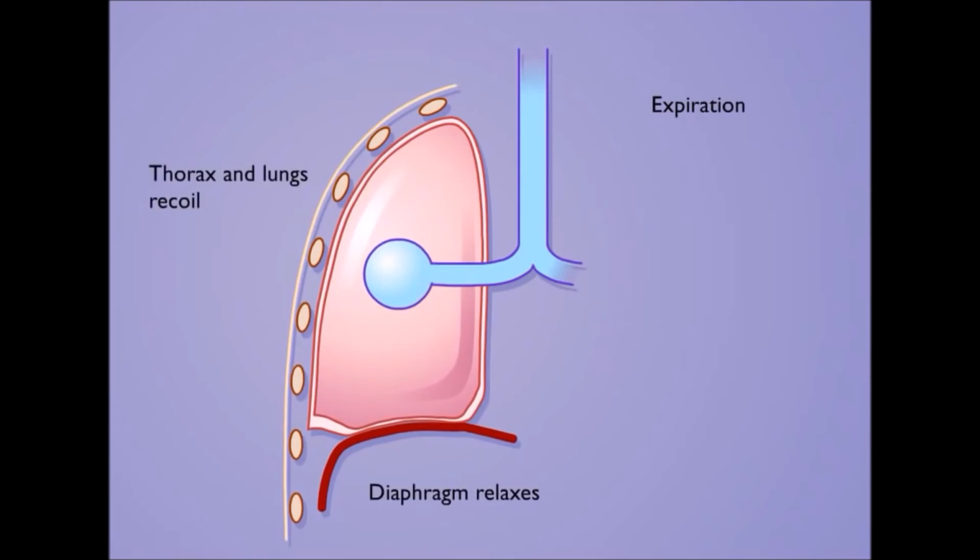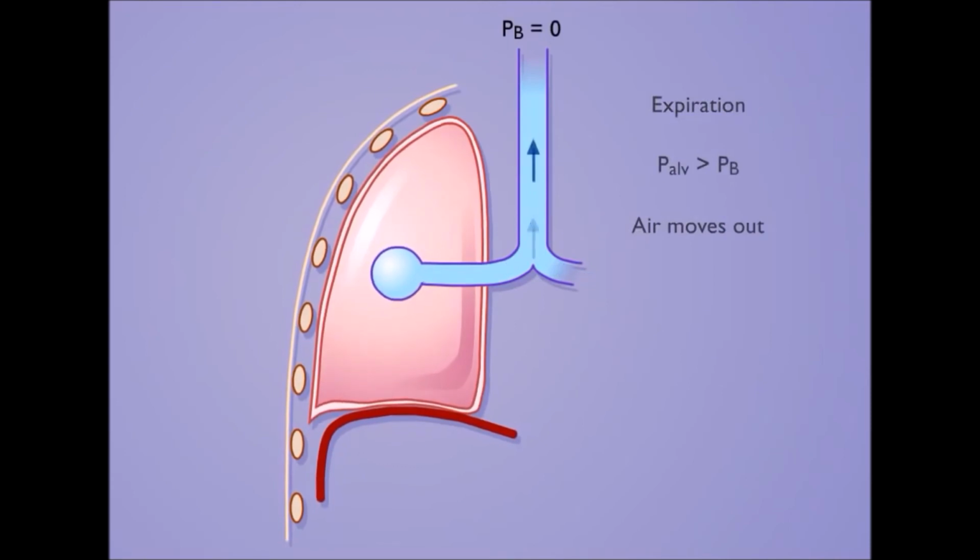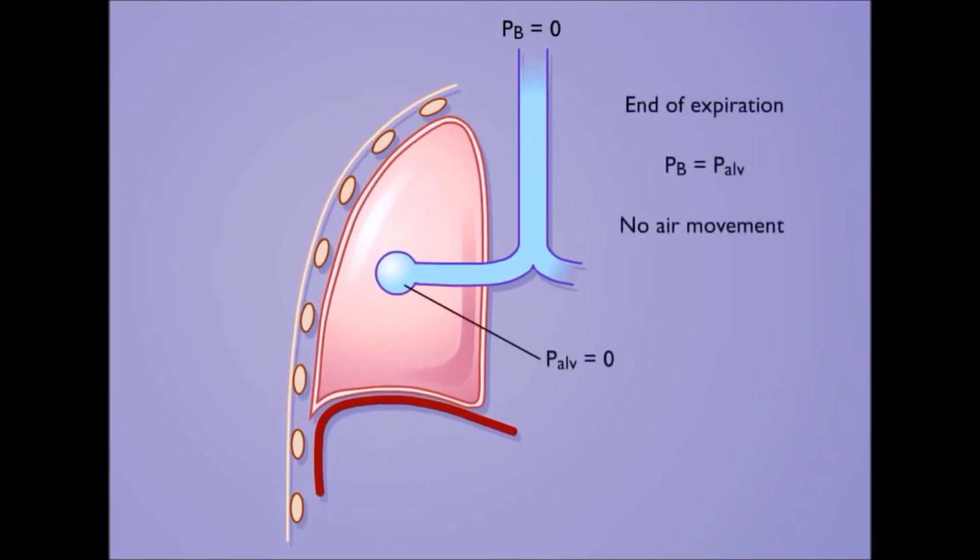This results in a decrease in alveolar volume and an increase in alveolar pressure. Since the alveolar pressure is now greater than barometric air pressure, air flows out of the lungs. Air continues to flow out of the lungs until alveolar pressure becomes equal to barometric pressure.